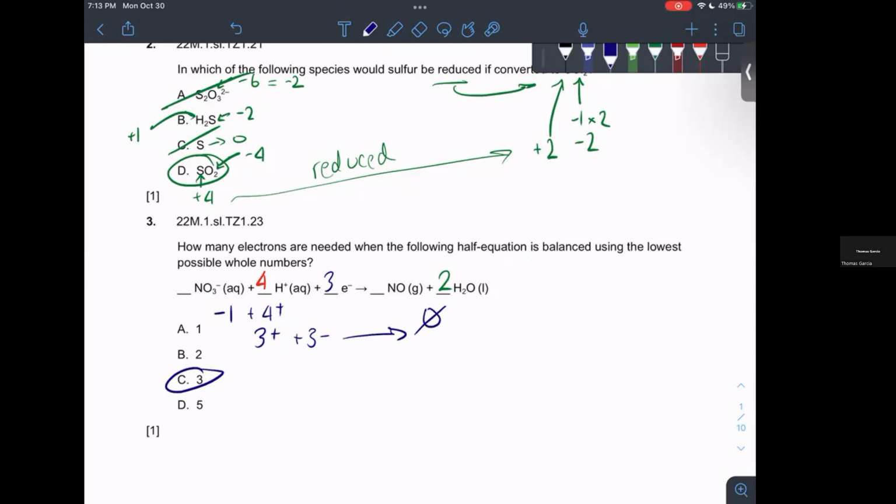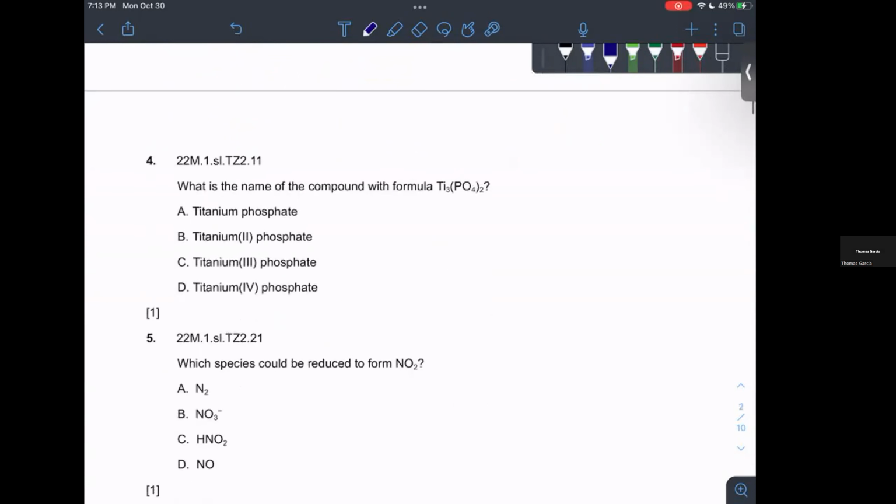I'm going to try and speed up because if we go through this at this pace, this test will take about 4 hours. So I'm going to speed up just a little bit. Titanium phosphate, Ti3(PO4)2. So the problem here is that we have to know that phosphate is PO4 3 minus. If we have 2 of them, that's a 6 minus charge. So we have to balance out the 6 minus with 3 titaniums.